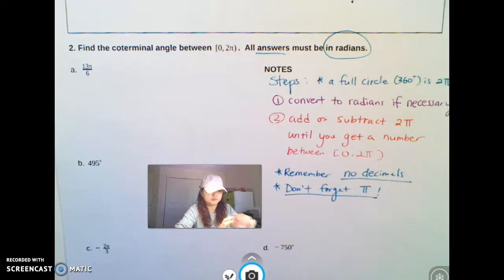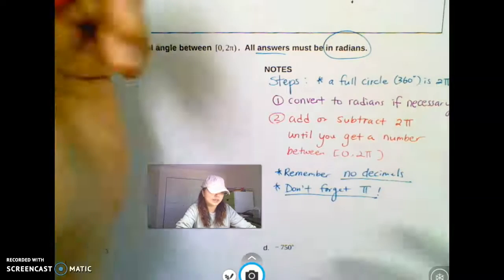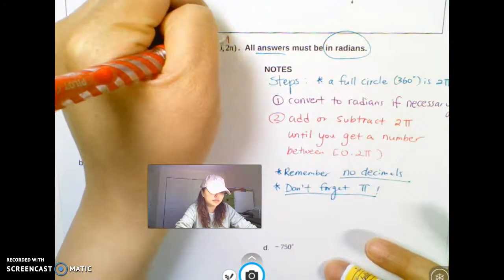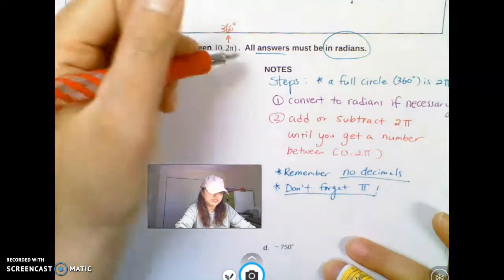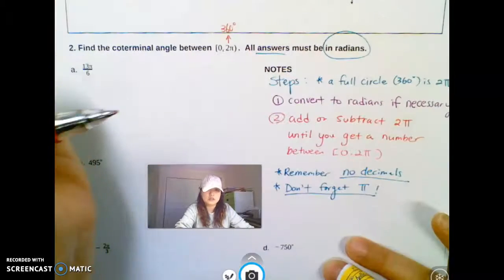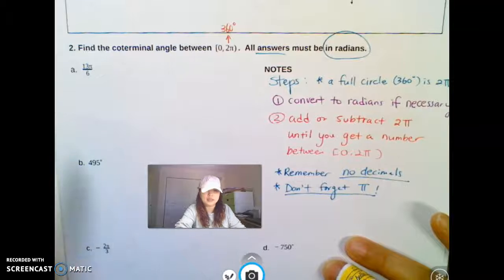If you're done with the steps, let's read the directions first, and then I'll do page 3 so I can refer back to the directions. The direction goes, find the coterminal angle between 0 to 2 pi. And of course, 2 pi is 360 degrees. All answers must be in radians. So what we're giving you is not anything between 0 and 360.